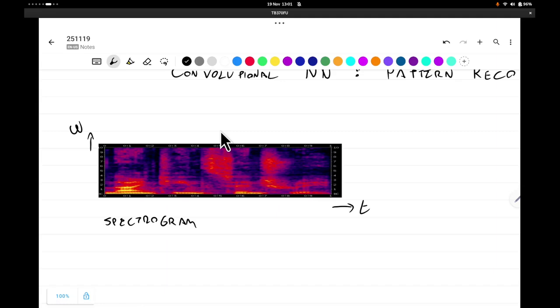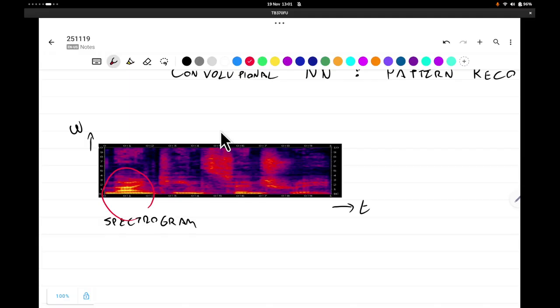Welcome would have a specific pattern in this spectrogram. So let's say that it would be something here. I have no idea, but that specific instance in the time series will be recognized as our positive outcome of the recognition.